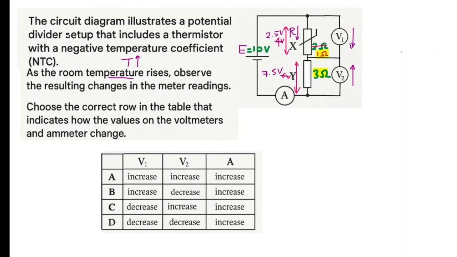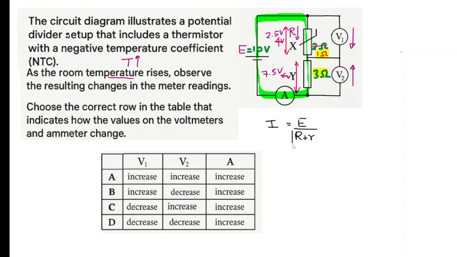Now, this is a series circuit. The current starts from here, goes through this, through this, through the ammeter, and comes back here. The voltmeters can be considered as extremely high resistance, so there is no current going through them. If you think about the total resistance of the circuit, that decreases. So I equals E over R plus r.